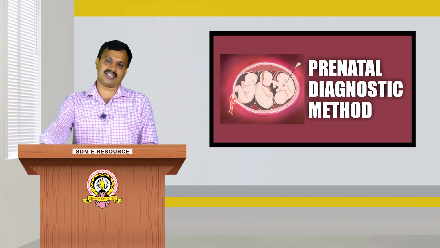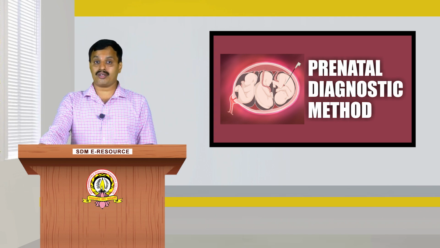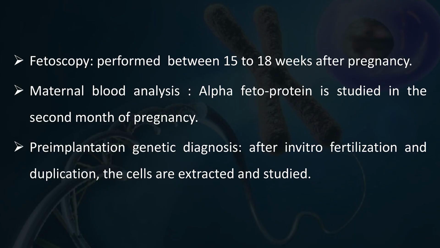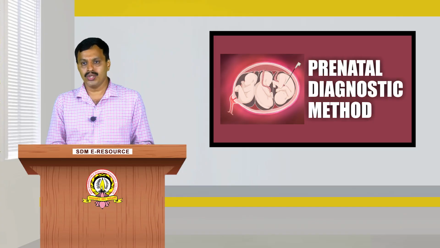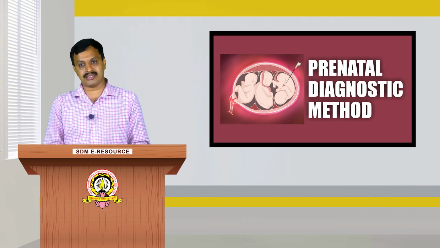Going to the next type of diagnostic procedure, fetoscopy. What is fetoscopy? Fetoscopy is a clinical or diagnostic procedure in which a tube with a small light is inserted into the uterus, and it is performed between 15 to 18 weeks after pregnancy.